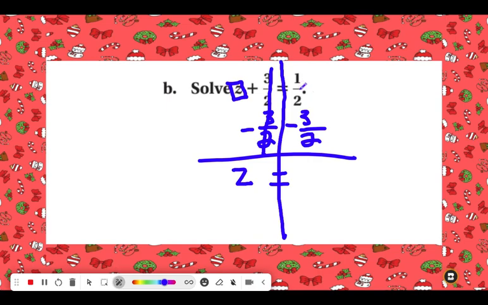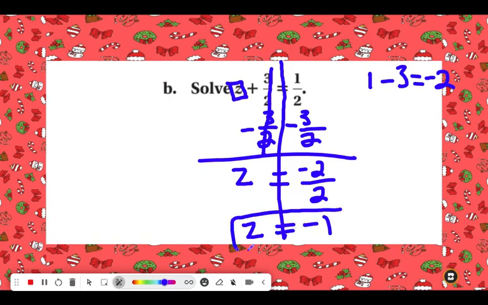So now I have 1/2 minus 3/2. So 1 minus 3 is -2, and I keep my denominator as 2. We simplify that. So our answer would be -2 divided by 2 is -1. So let me do the check.